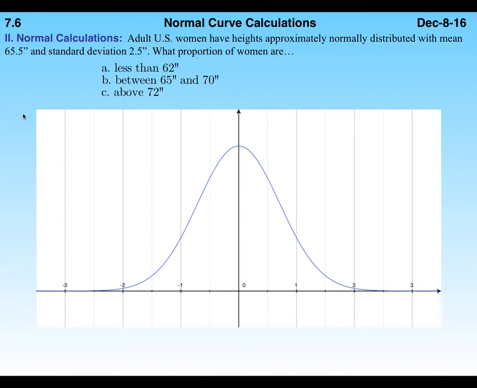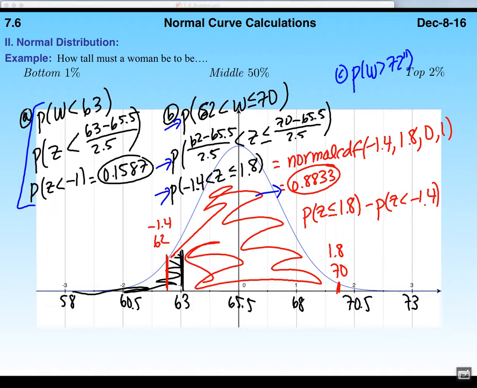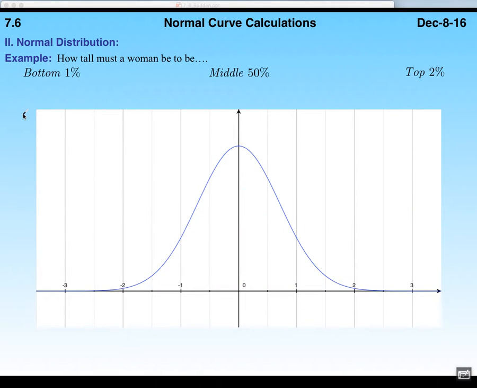Last thing. Now, working the other way. If I want to know how tall a woman has to be so that she's in the bottom 1%, the first thing that I want you to do is label your figure again. So we have the standard normal labels.